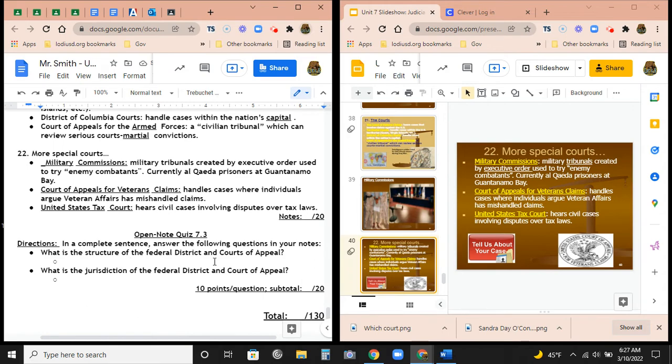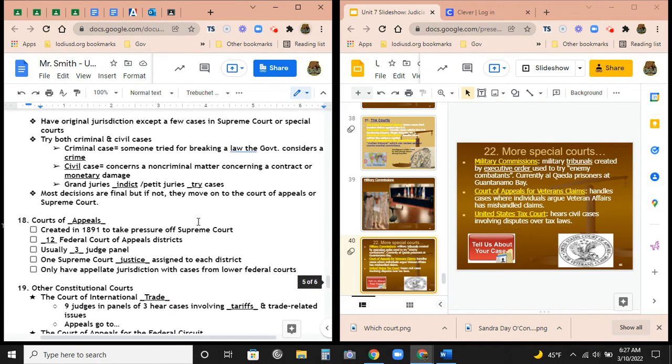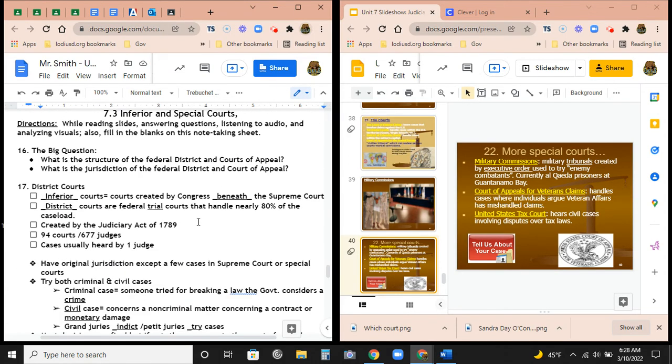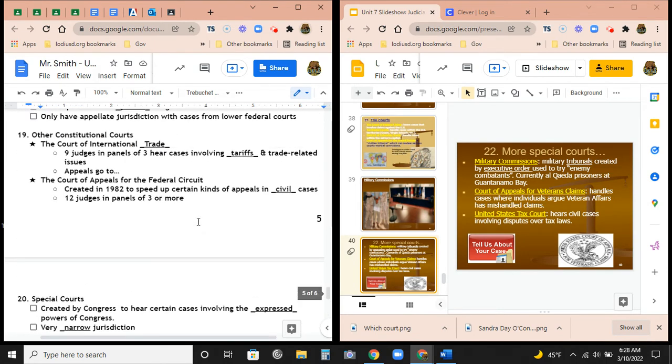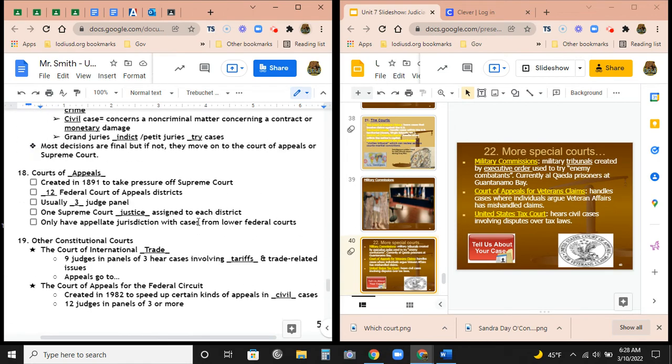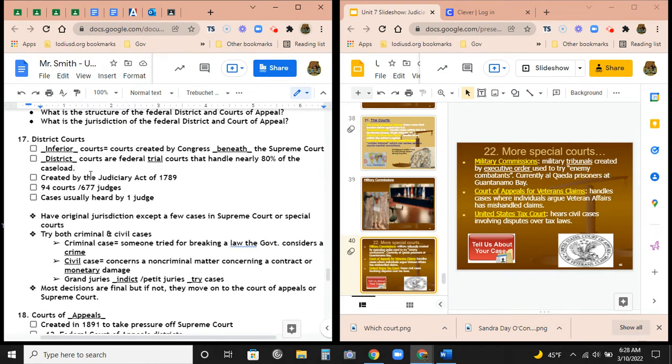What is the structure of the Federal District and Court of Appeals? So, the structure is you have inferior courts that are mostly district courts that have the power to try criminal and civil cases.